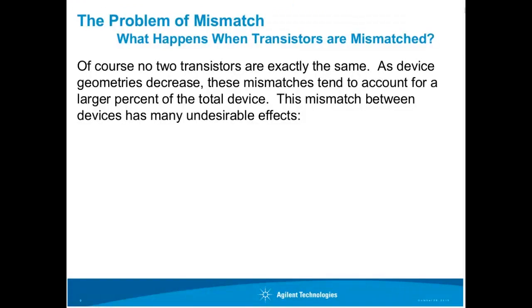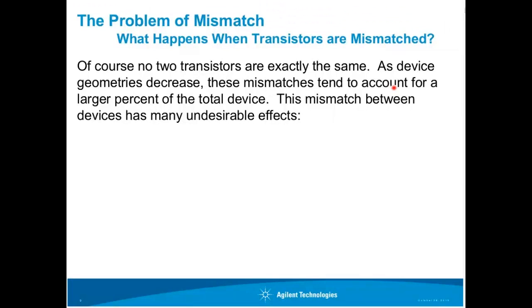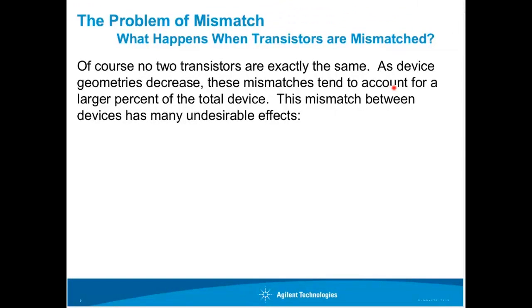And to be able to predict what we're going to see when we manufacture these chips, we need to be able to quantify that. As the device geometries decrease, we're also seeing a trend where these mismatches can be a larger percentage of the total variation, the total device parameter that we see in the circuit.